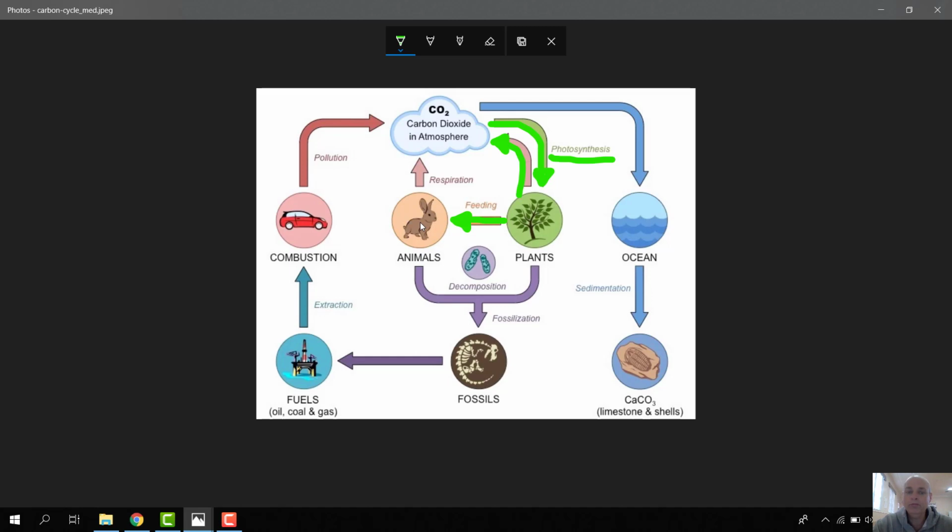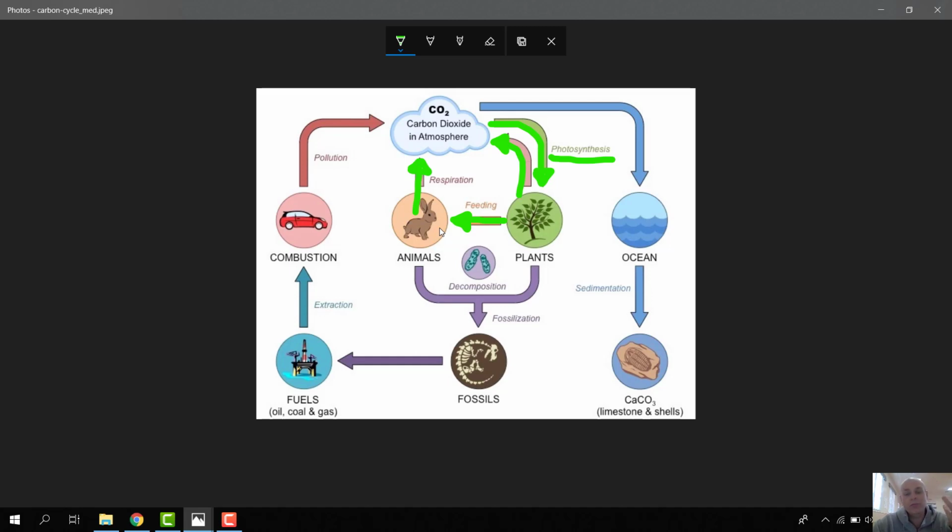That animal, let's say it's a human that's eaten a potato, has to get the energy out of that potato and in the process creates CO2, or carbon dioxide, which we breathe back out, just like the plant did earlier. And we breathe this carbon dioxide out and it goes up into the atmosphere. So that's cell respiration and photosynthesis.